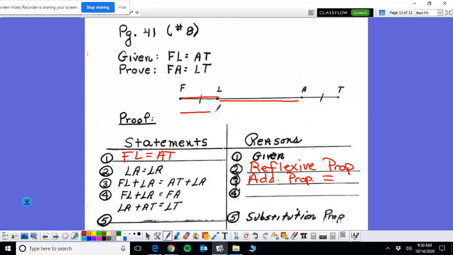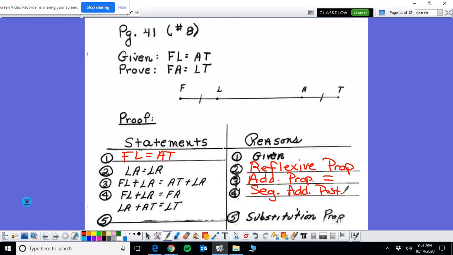So little piece plus little piece equals big piece. That is definitely something that I remember from last chapter. And then the same line, they do it: LA plus AT equals LT. Once again, little piece plus little piece, same thing. That is called the, think for a second, segment addition postulate.